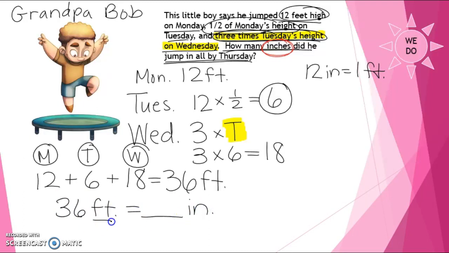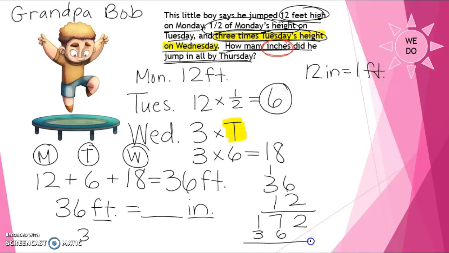We are going from largest to smallest unit, so we need to multiply. 36 times 12 is going to be 432.